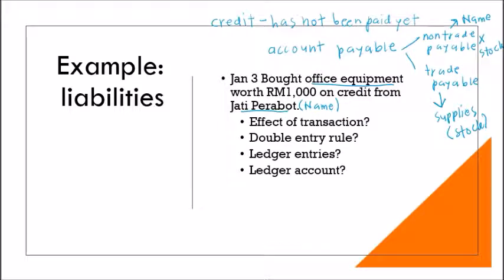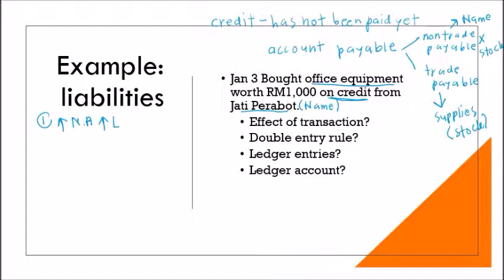So the effect of the transaction is an increase in non-current assets, since you're buying an office equipment, and you also increase your liability since you bought it by credit.